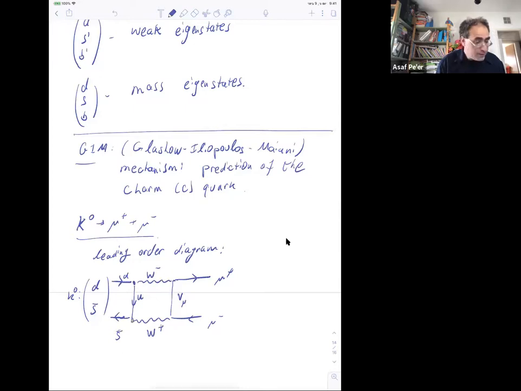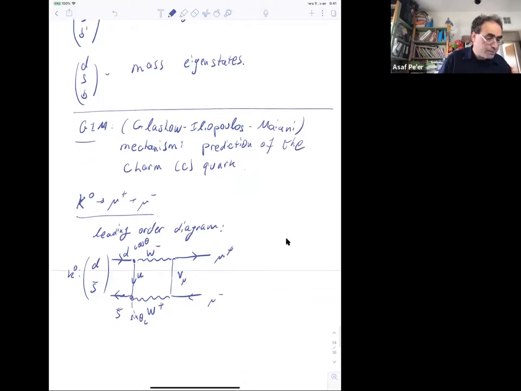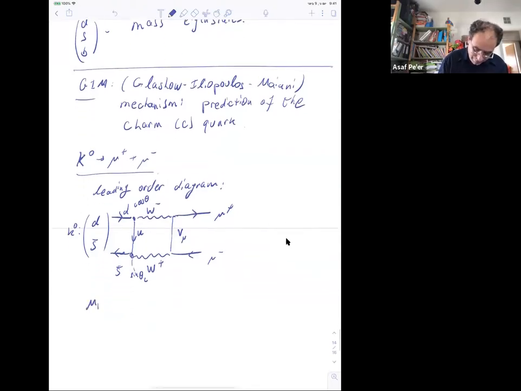So the coupling here should be cosine theta Cabibbo, because it connects the down and the up of the same generation. And this would be the sine theta Cabibbo. Right, so the matrix element should be proportional to G weak to the 4, so we have 4 vertices times cosine theta Cabibbo, sine theta Cabibbo.